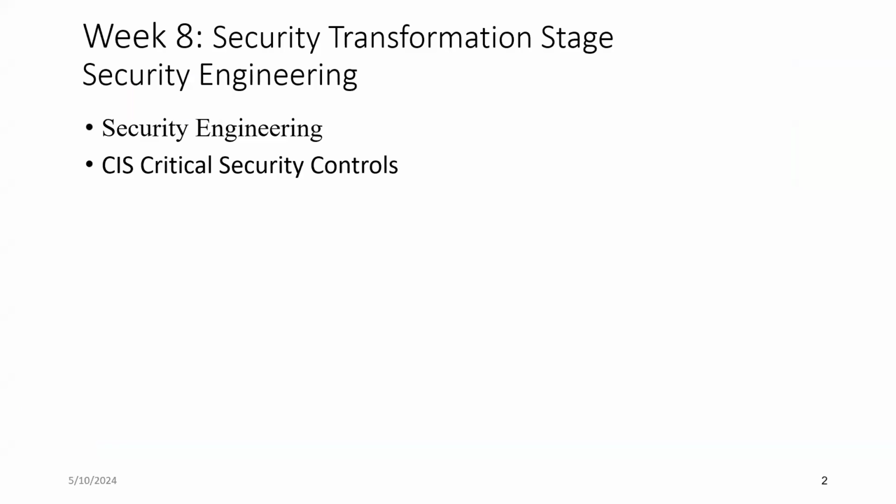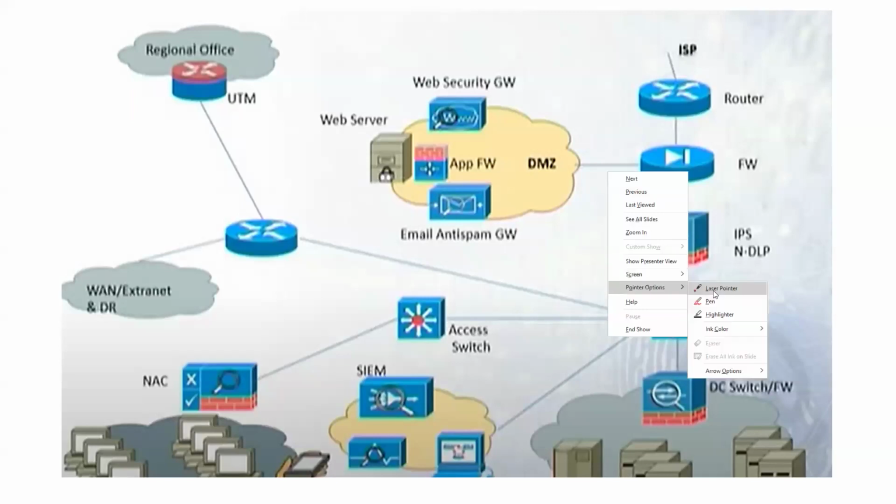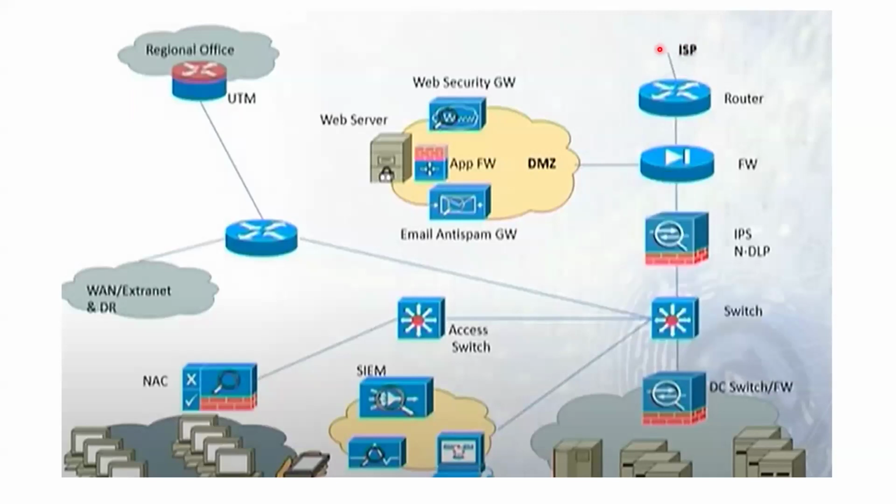First of all, we will discuss the basic infrastructure of an enterprise, which we have already discussed. We have an internet service provider that provides internet facility to our enterprise.